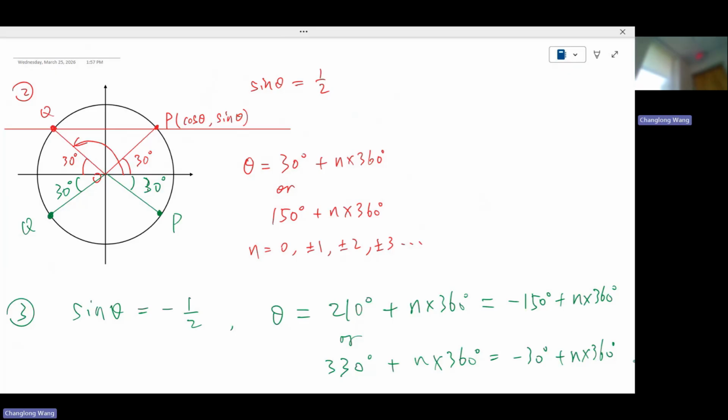The same thing here: 330 and negative 30 are off by 360. Whichever version you like is fine. If you're like me, I like positive angles, so I'll go with the big ones. If you want to cheat a little bit with the negative angles, negative 150, negative 30, I think that's a pretty smart strategy.